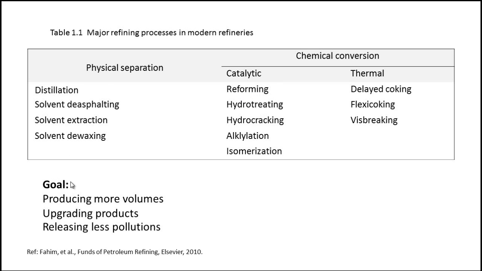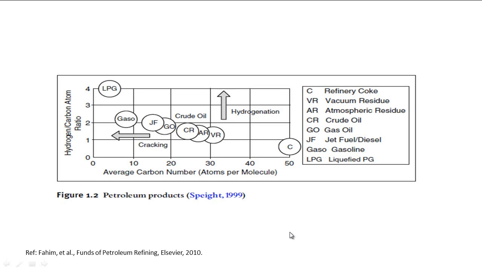So the whole idea of using these two techniques is that we try to produce more volume of the fuel oil. We try to upgrade the product to meet the regulation, and we try to release less pollution to the environment at the end use.